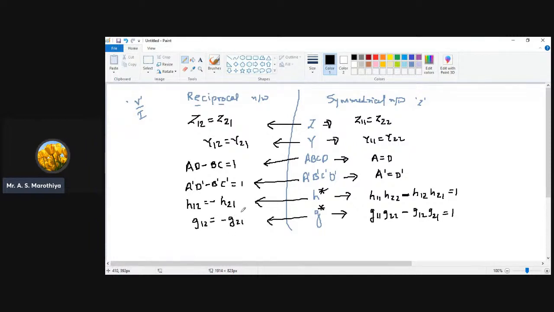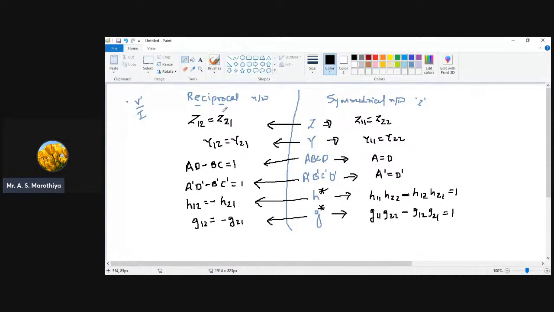So these formulas you have to remember directly, and in GATE, based on these formulas, you may get a question where some network is given and your objective is to find whether that particular network is symmetrical or not, or reciprocal or not. First of all, find any two port representation of that network. You may go for Z, Y, ABCD, inverse ABCD, H or G, and then apply the condition based on the representation you have.